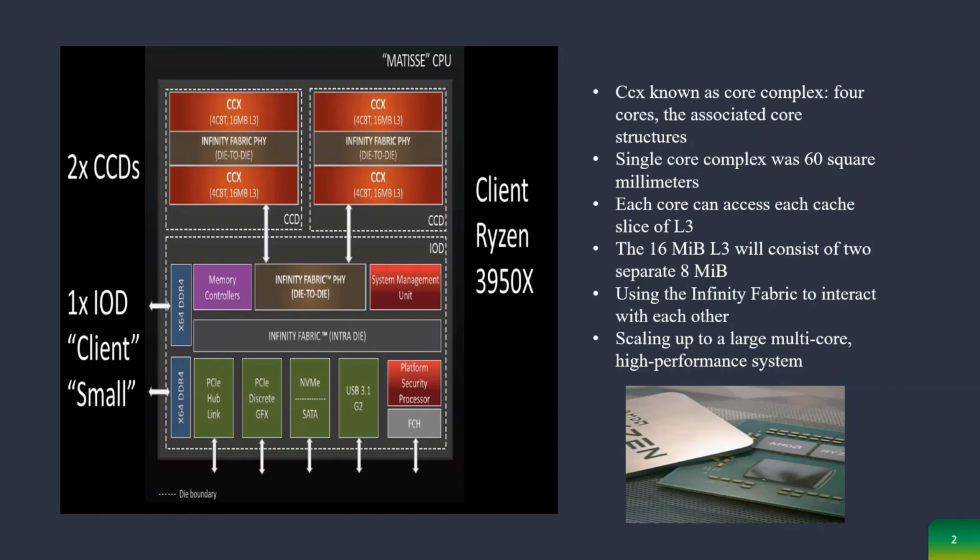same average latency. It is crucial to note that the L3 in Zen 2 is not a true last level cache, as the 16 MiB L3 consists of two separate 8 MiB caches and not one unified L3. By using the Infinity Fabric, which connects the CCXs along with the memory controller and input-output, the separate CPU complexes can interact with each other.